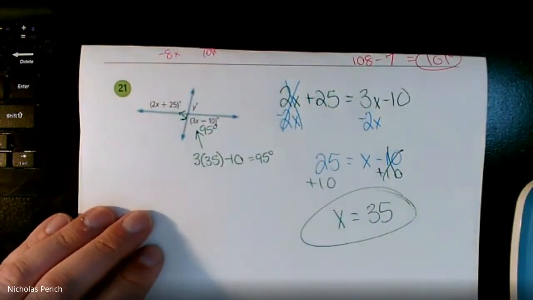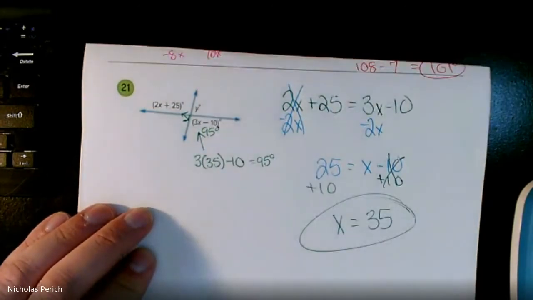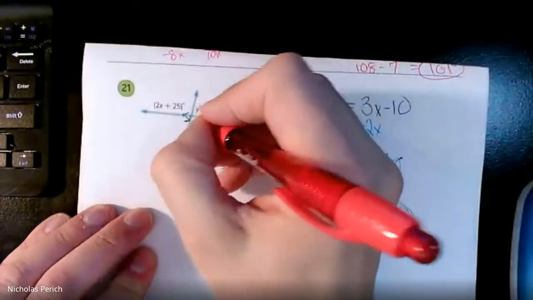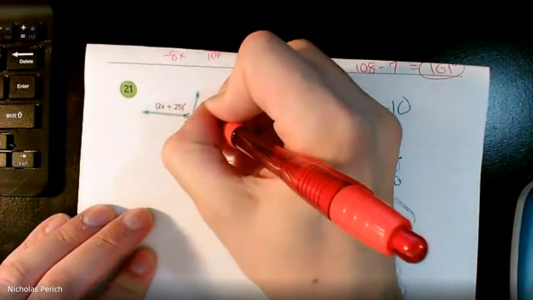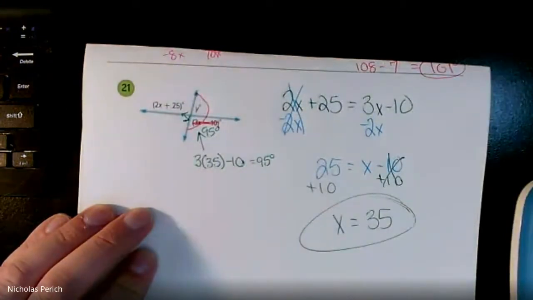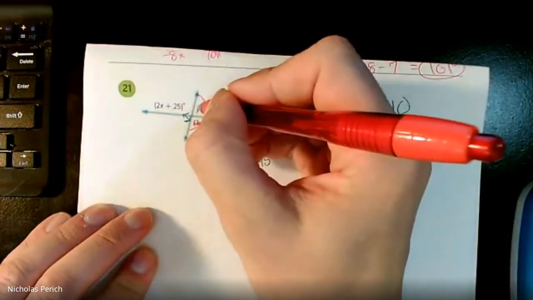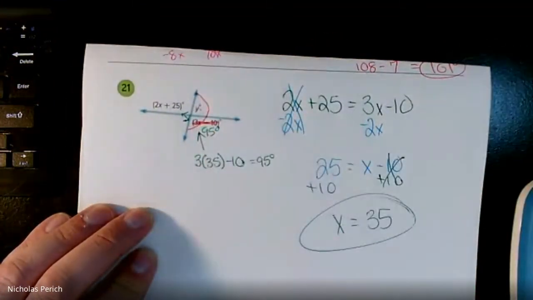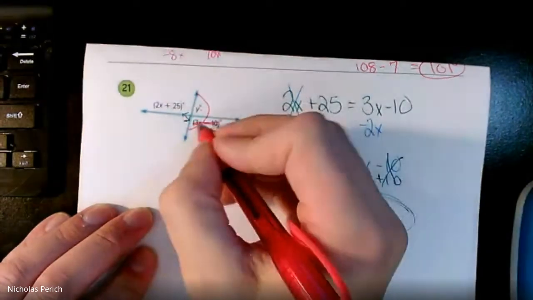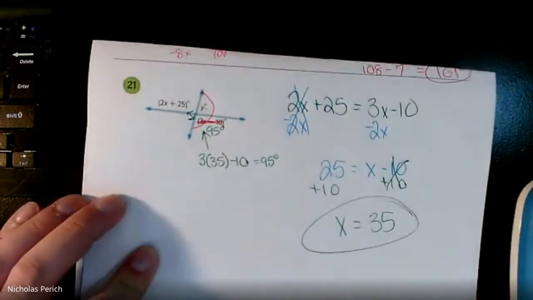Who cares? Why does that help us? The directions didn't say how big is each angle. No, it didn't. But what I do know is this angle right here on the bottom right added to angle y are both going to add up to 180 degrees. I just found out that that angle is 95 degrees.